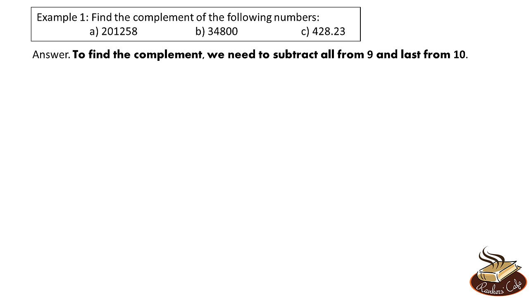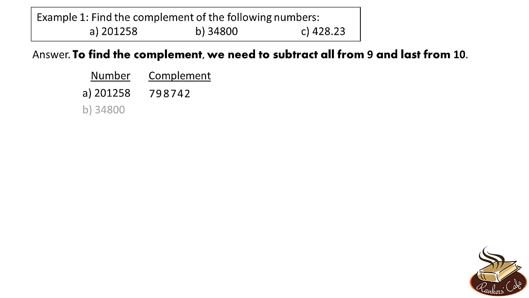Now remember our formula of all from 9 and last from 10. 9 minus 2 gives us 7, 9 minus 0 gives us 9, 9 minus 1 gives us 8, 9 minus 2 gives us 7, 9 minus 5 gives us 4, and 10 minus 8 gives us 2. Remember, we subtract the rightmost non-zero digit from 10. That's why we have performed 10 minus 8. So our answer is 798742.